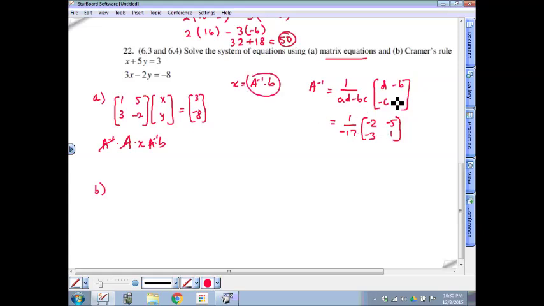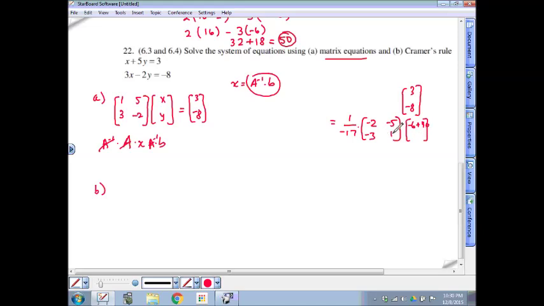And according to this, we multiply the inverse by the B matrix. So I'm going to take this inverse of A and multiply it by the B matrix, 3, negative 8. You can see what that results in. Now notice I'm going to leave the negative 1/17 out of this matrix. I'm going to multiply these two matrices first, and then I'm going to take the negative 1/17 and multiply it into that matrix. So this entry comes from combining this row with that column, so I'm going to get a negative 6 and a positive 40.